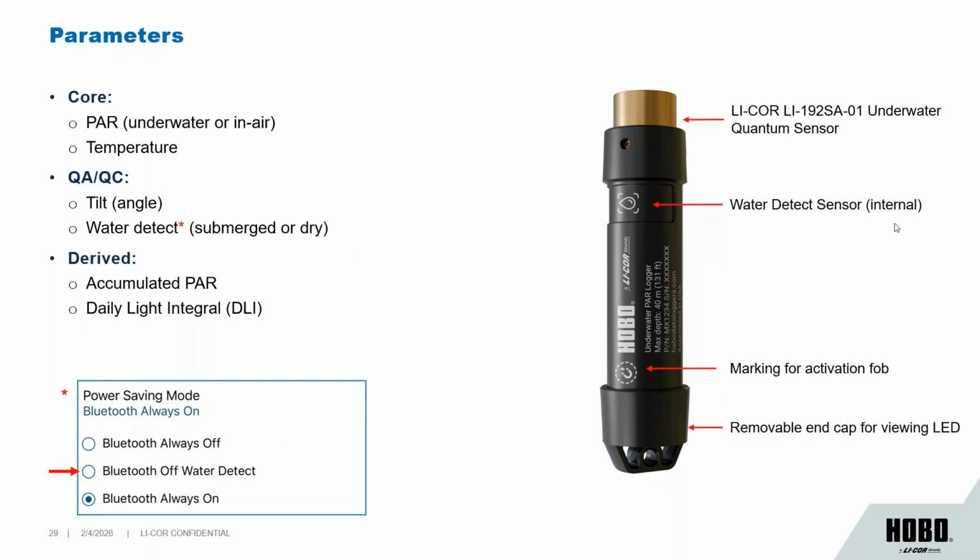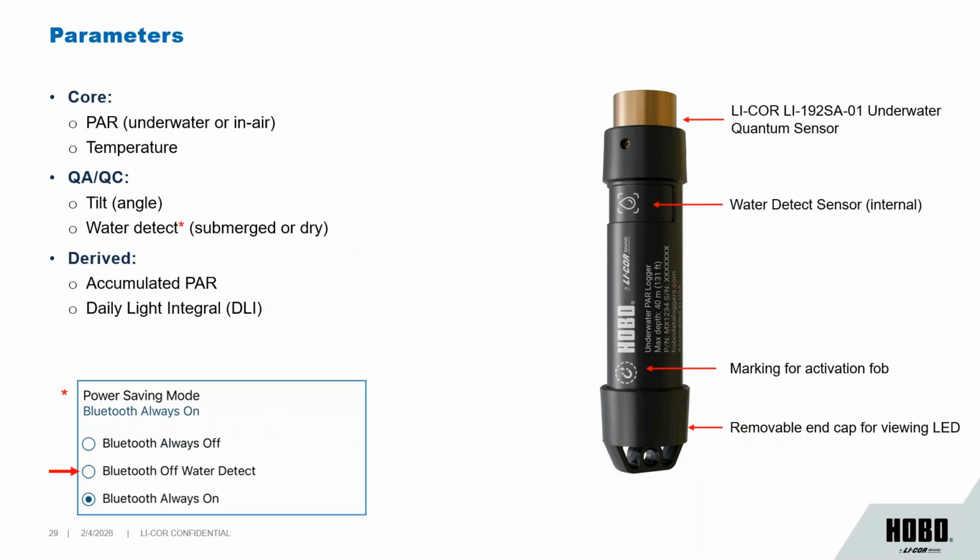So the way to view it is, daily light integral is a snapshot of the previous day. Accumulated PAR is, throughout the day at every logging interval, how much light has been accumulating. So that's the difference there. These are used for restoration threshold and productivity analysis, as Elizabeth mentioned earlier.